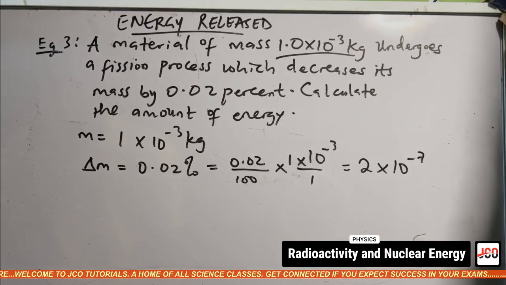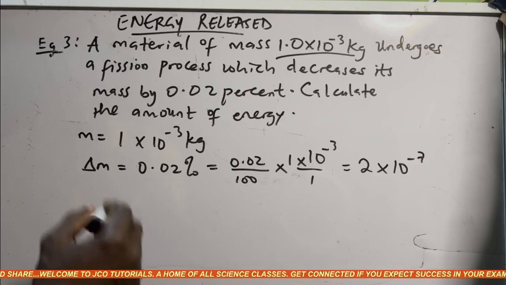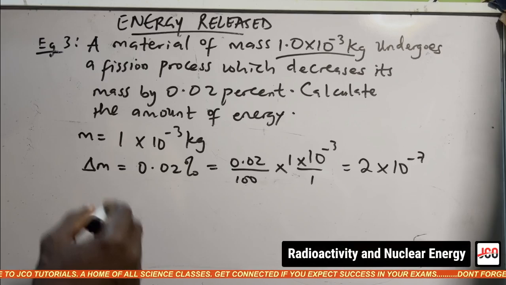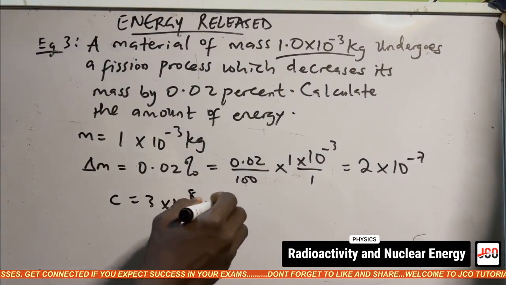And of course, your speed of light is 3 times 10 raised to power 8 meters per second.